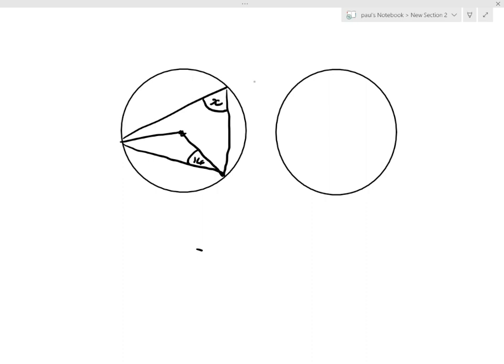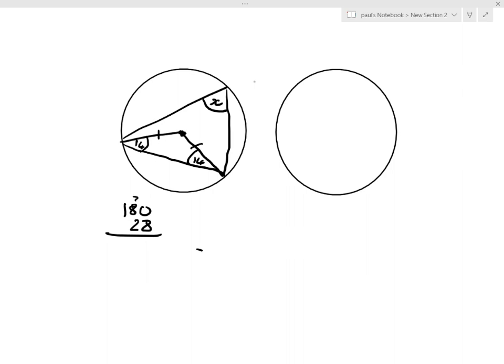Now, when you have a triangle made up from the center, these two are the same because they're radiuses, that makes this a nice isosceles triangle. So this is 14 as well. So we've got 28 together, and we take it away from 180.